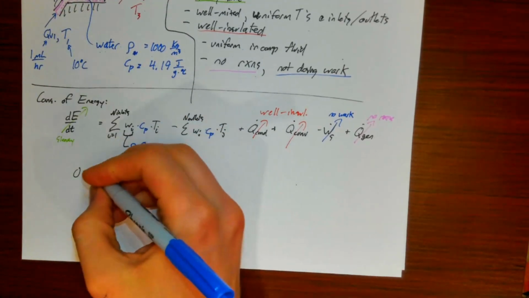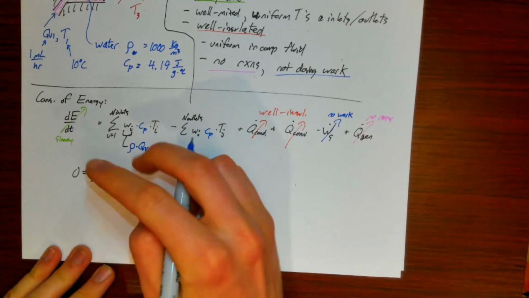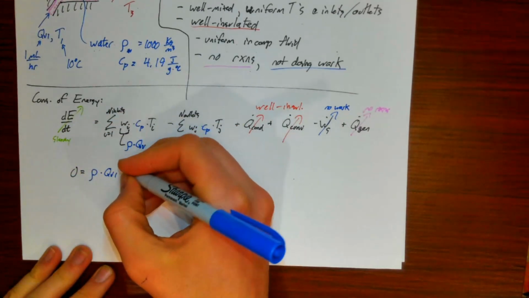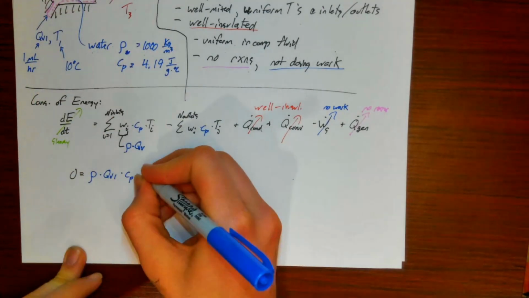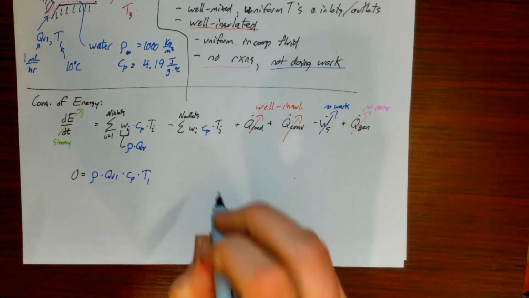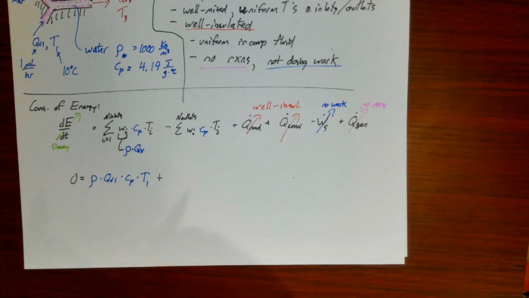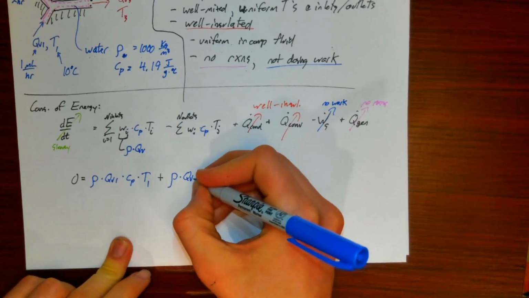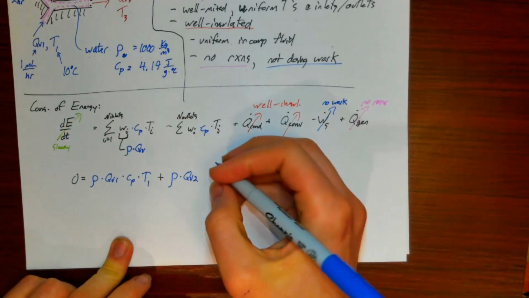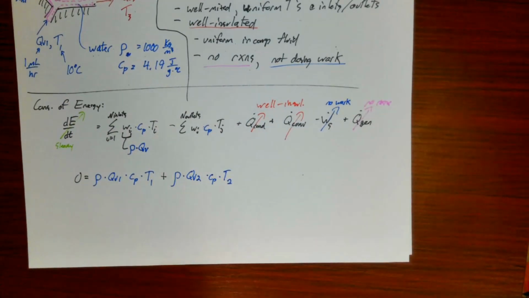There's going to be density times my volumetric flow rate at inlet 1 times Cp times T1. And then I'm going to have my second inlet, which is density times the volumetric flow rate at surface 2 times Cp times T2.